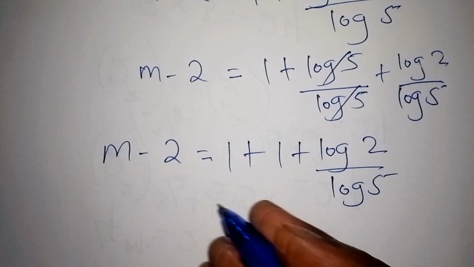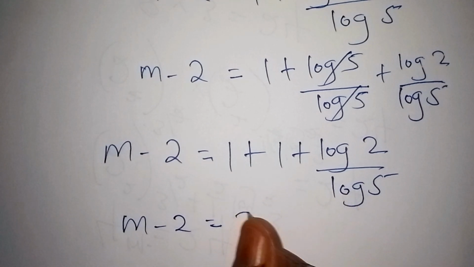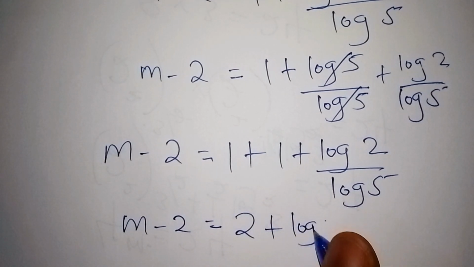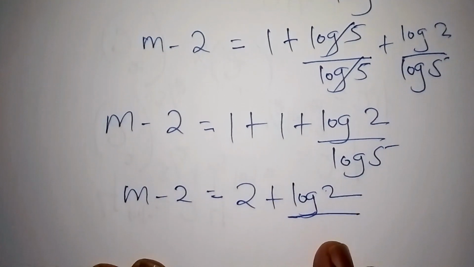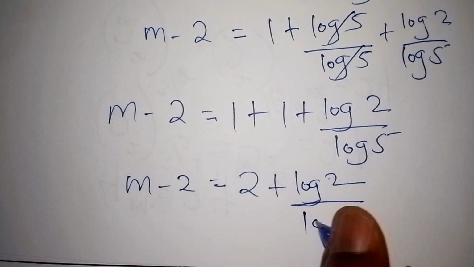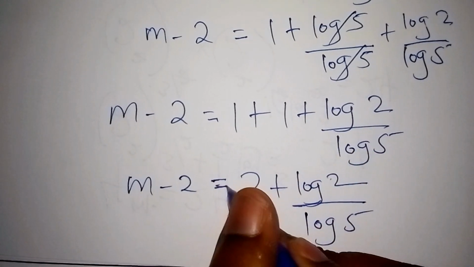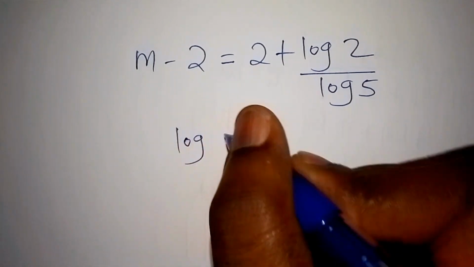So here now m minus 2 is equal to, 1 plus 1 is 2, then plus the log of 2 all over the log of 5.